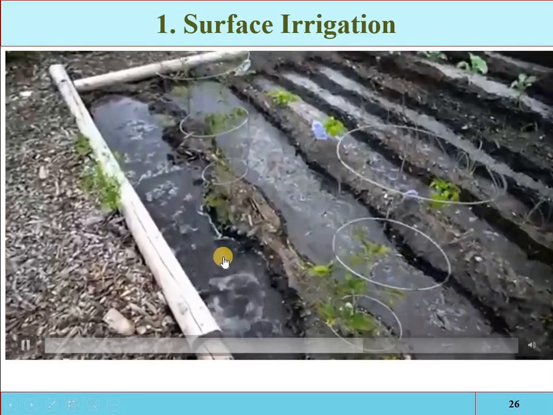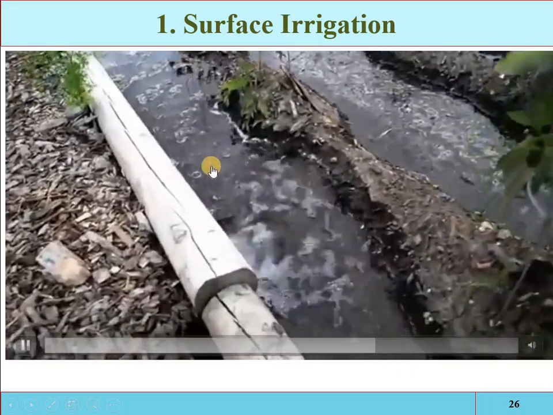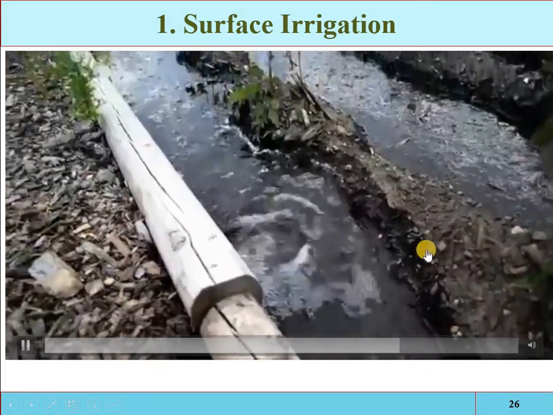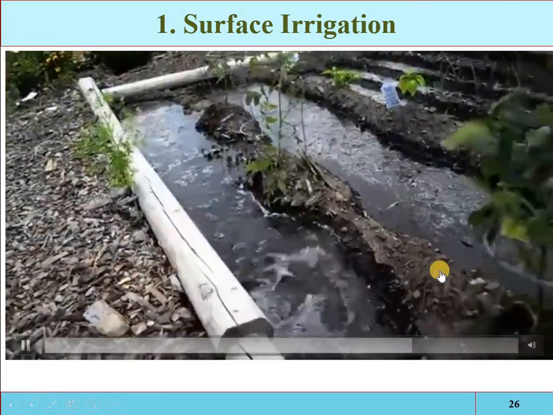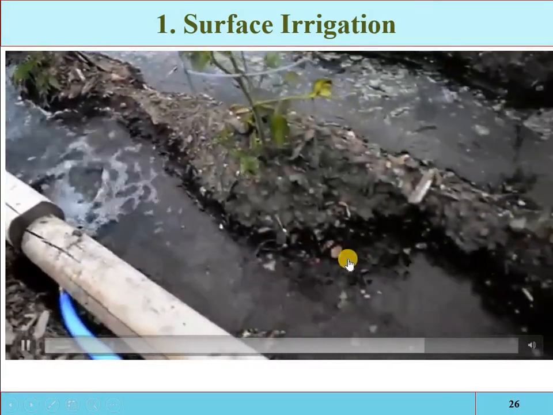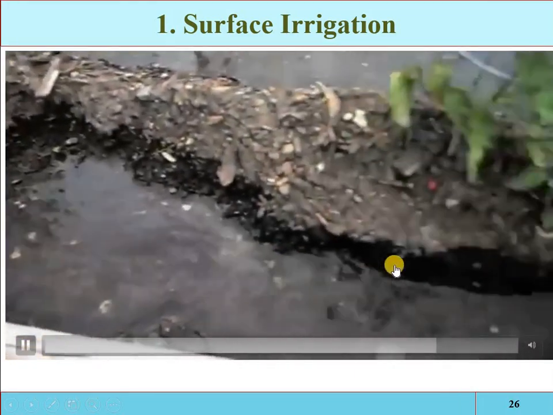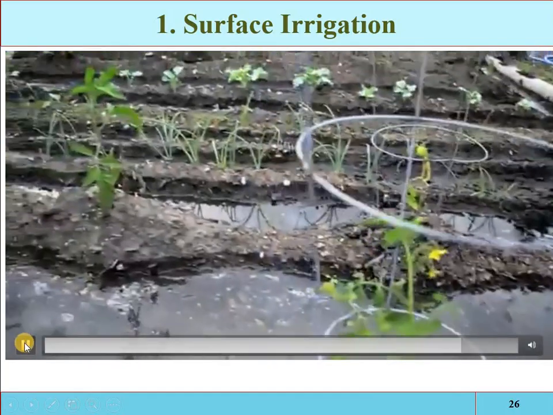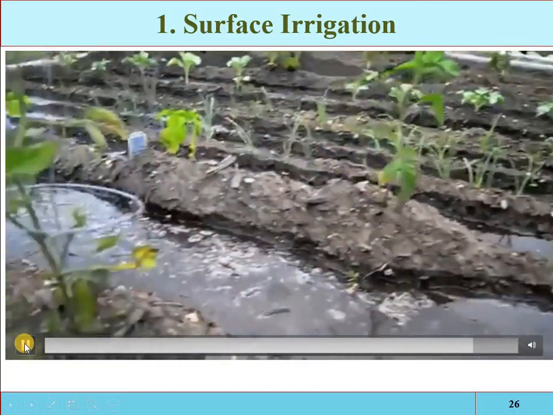And here you can see that the water level is at the same elevation as the root zone of the crop, so the water may be properly extracted and utilized by the plants. So the wastages and losses are reduced in a controlled manner, and the water is properly applied.